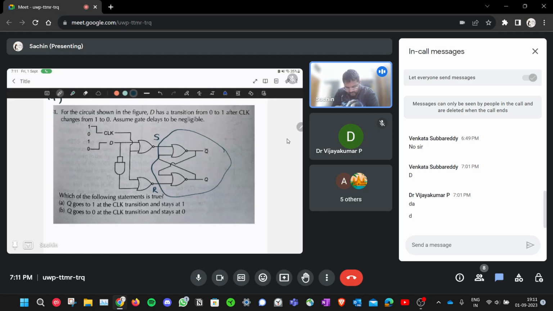Okay, and here S is nothing but D plus clock complement. If it's an AND gate, then it should be D plus clock complement. So those two will be the same, which might give us invalid combinations.